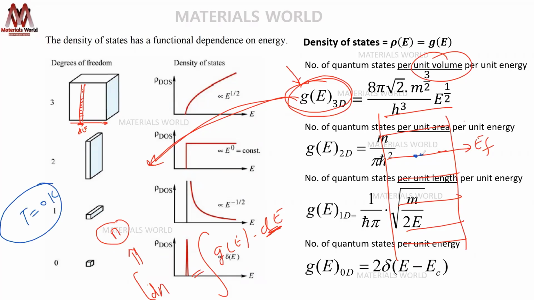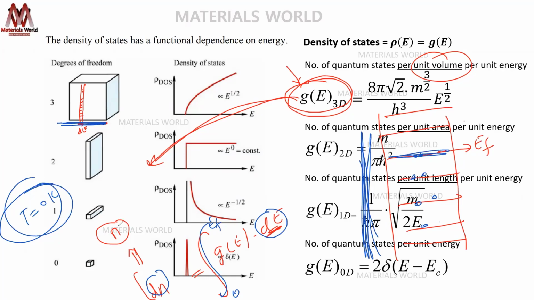So my topmost filled energy level is EF, and my electrons are filled up to EF. So from 0 to EF, because I have chosen dE, I have dn electrons. For the total, I will integrate from 0 to EF, and I can get at 0 Kelvin my total number of electrons.